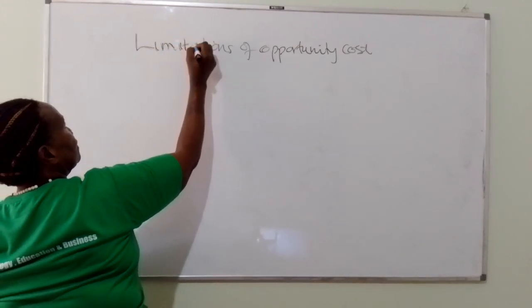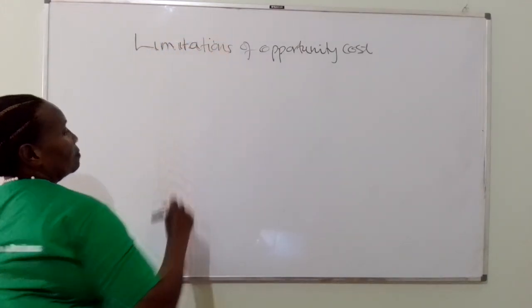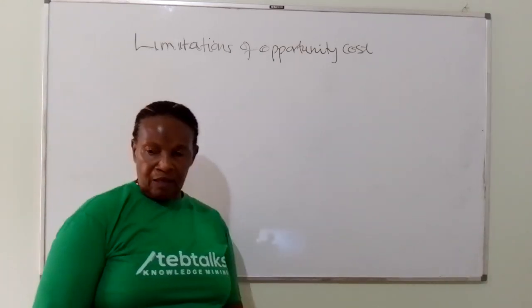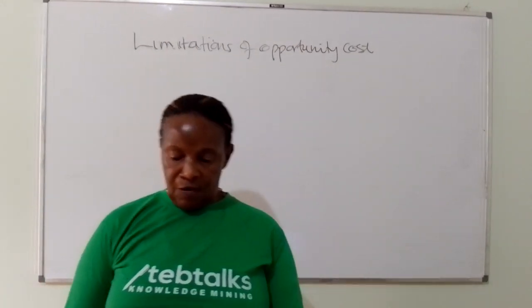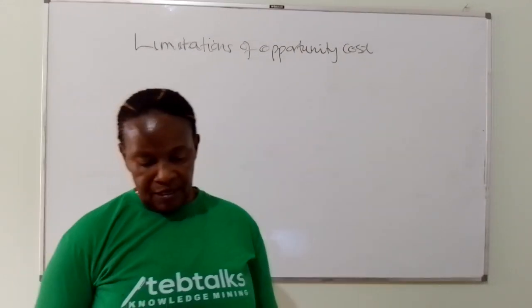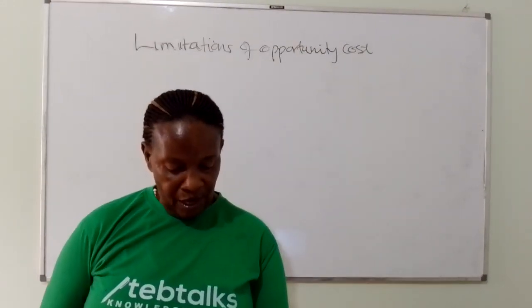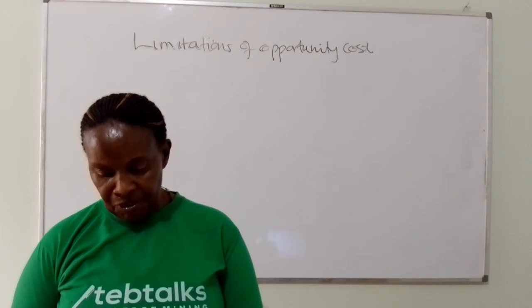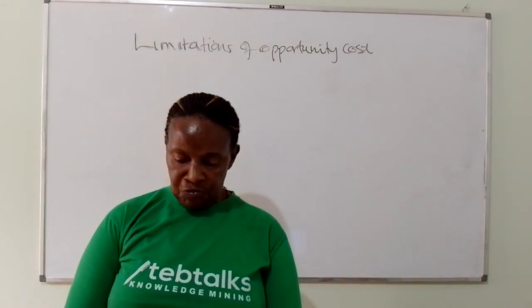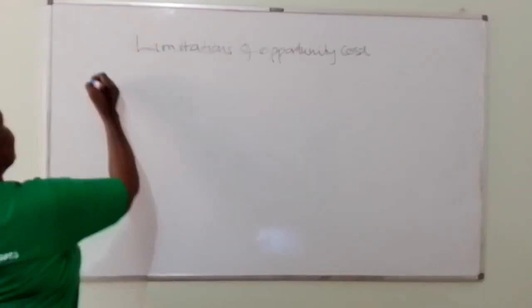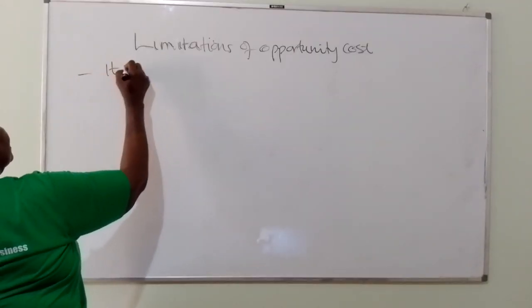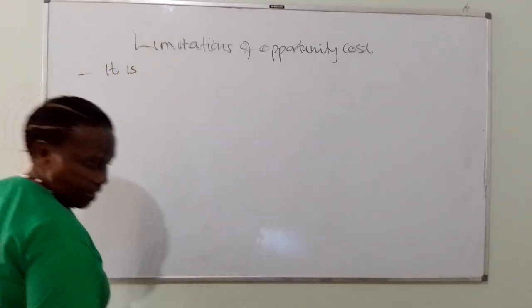Limitations of opportunity cost. Meaning that you have been okay to apply opportunity cost now and again, but sometimes we are not guided by it in the best way possible, and this is because of the following. Number one, it lacks uniformity.